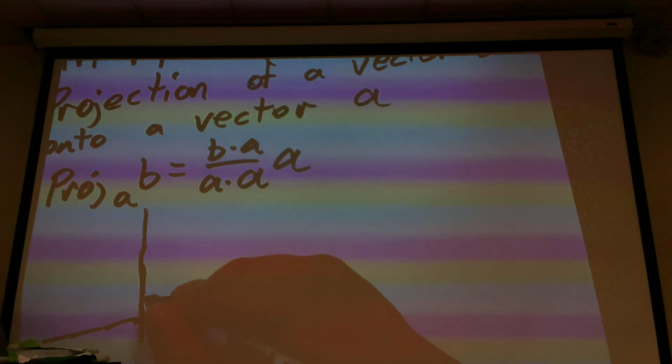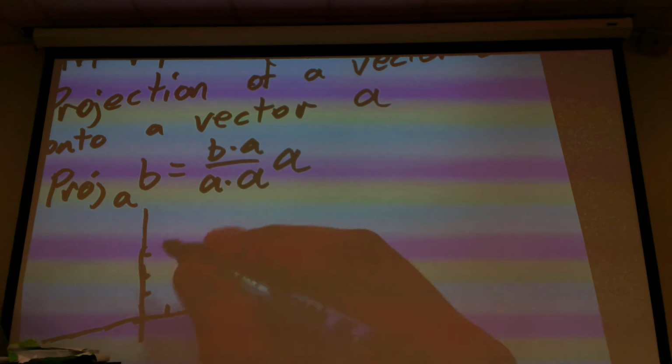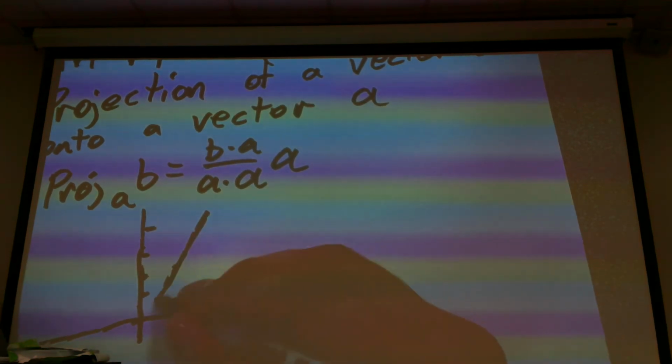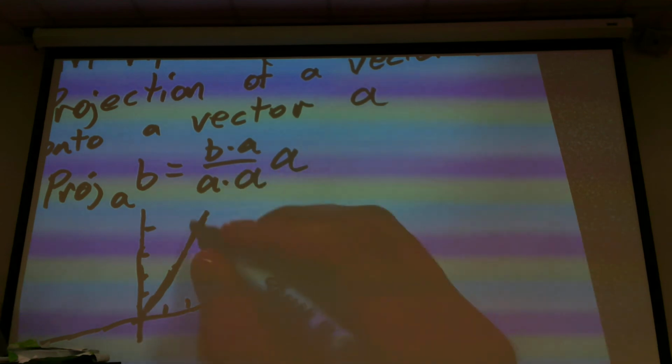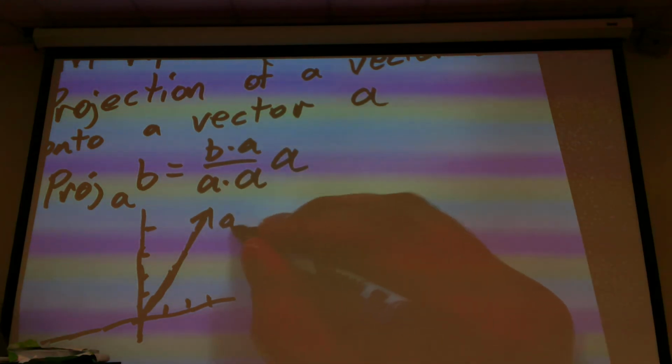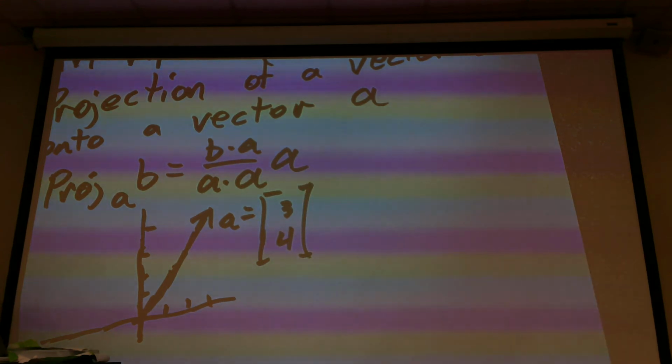Say A is going to equal 3 and 4. Let's say B equals negative 3 and 1, going over 3 and up by 1.